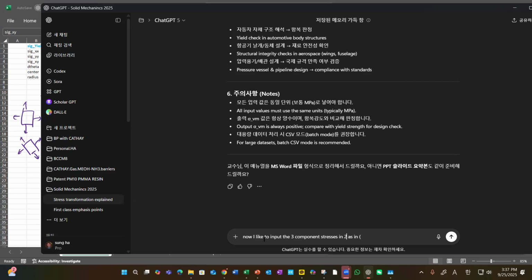Okay, so two-dimensional as in, say, sig x, sig y, and sig xy. Rather than just a matrix, I say that we'd like to apply the three components like this. Now, say 1, 2, 2.